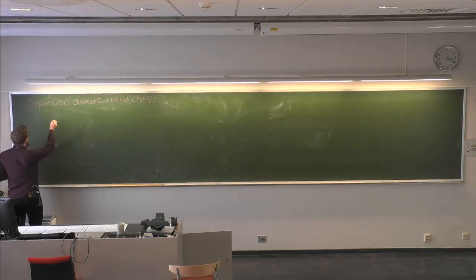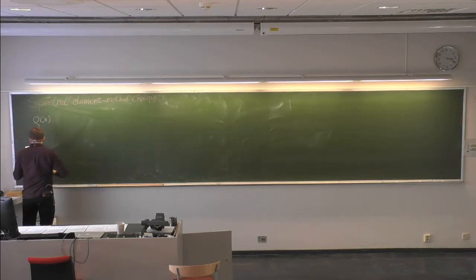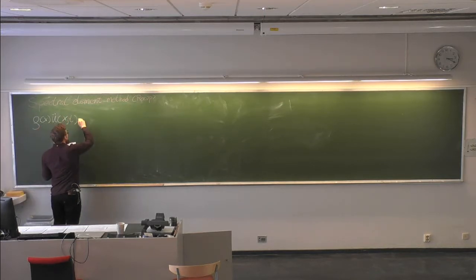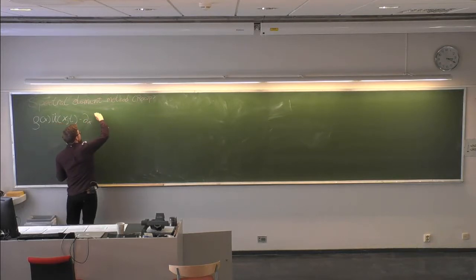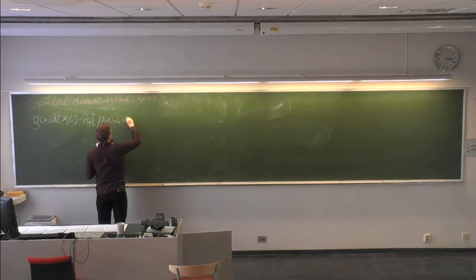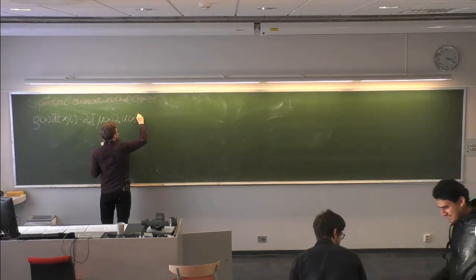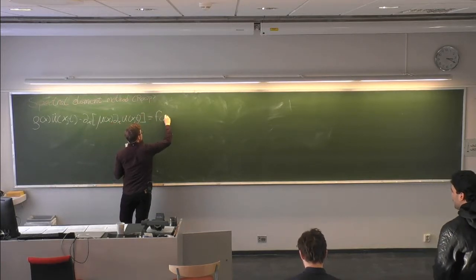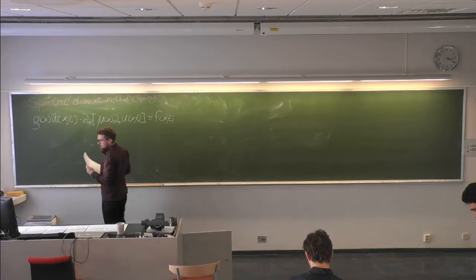The acoustic wave equation used rho, the density at position x, times some kind of displacement at position x and time t, minus the spatial derivative of the elasticity parameter mu of x times the derivative of u, equals some kind of driving force at position x and time t.